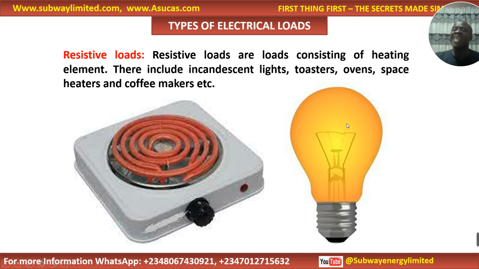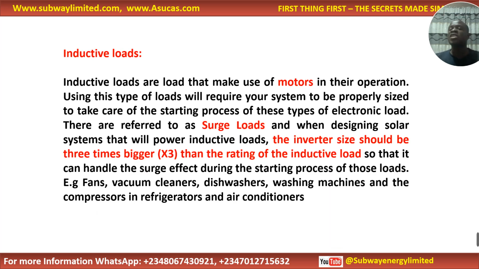Please don't carry such a light bulb and go where you install solar. You want to destroy that solar. Resistive loads contain heating elements and they destroy your system easily, because immediately your battery fails, your system doesn't go. It's no more solar. It's plug and play.